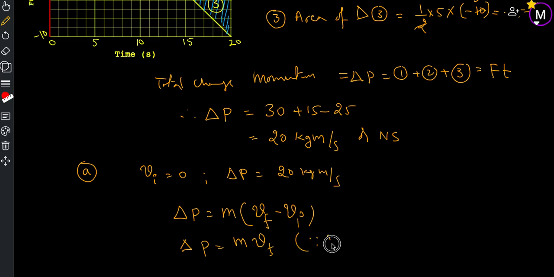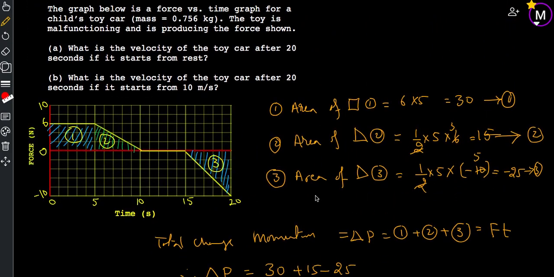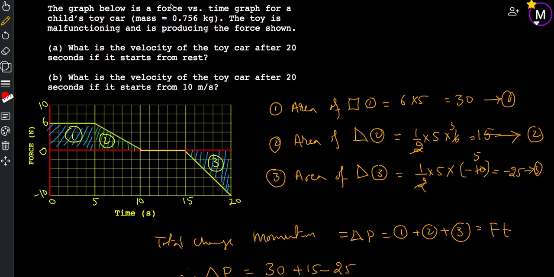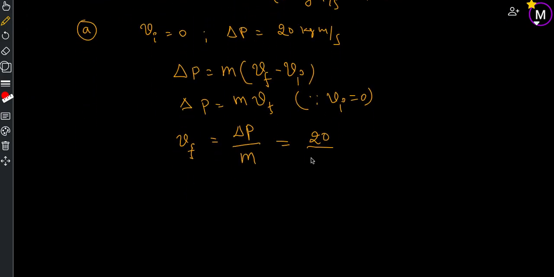So v final equals delta P by m. Delta P we already calculated, it is 20, and the mass given in the problem is 0.756 kilograms.